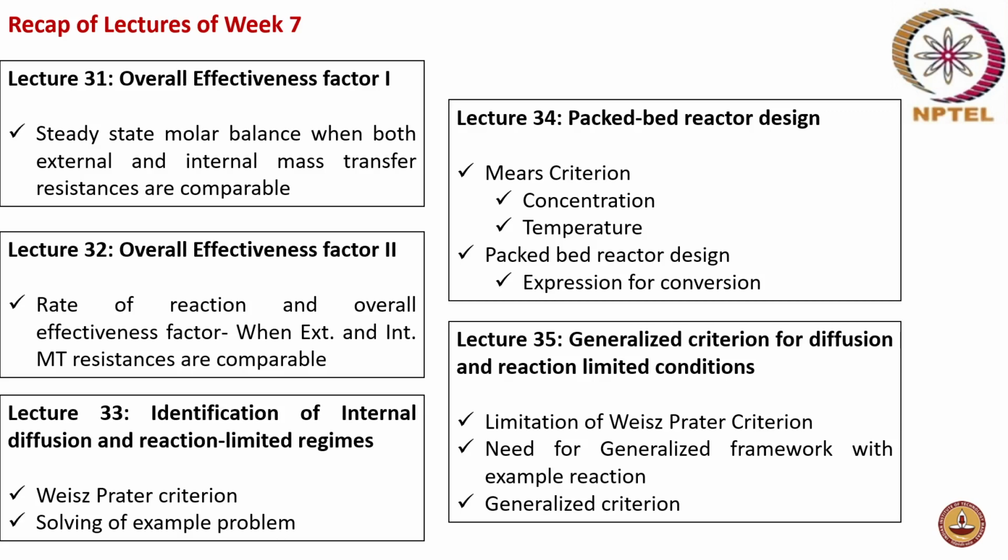There was discussion on the internal diffusion resistance dominated regime. And then lecture 34 was on packed bed reactor design. Initially, the Mears criterion, one concentration based and the other temperature based, was discussed.